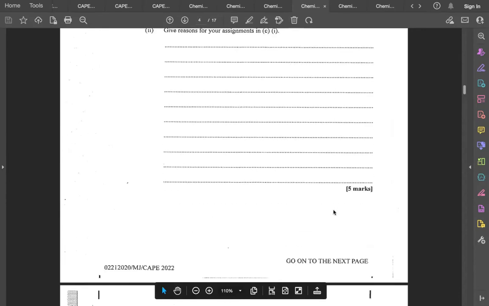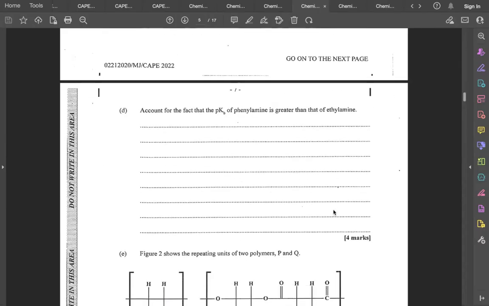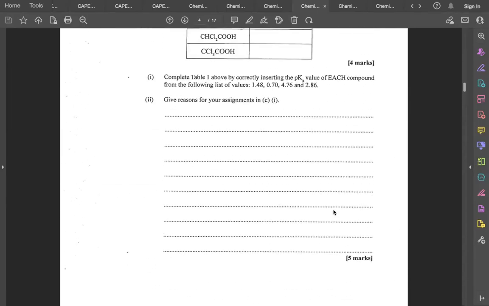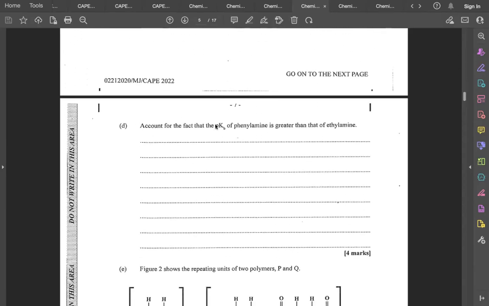Yes, miss. Okay. All right, so let's talk about phenylamine now in a similar fashion to what we just did for these compounds. It says account for the fact that the pKb, right? We know that amines are bases, so now we can speak of a pKb.